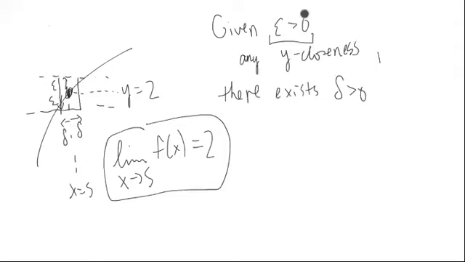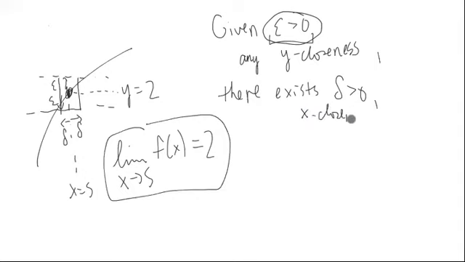Now, why am I saying greater than 0? That's only because I'm talking about distance, and distance is going to be positive. So there exists some distance, and we're just using delta. It could be anything, but that's just the notation that we use to represent some distance going this way from that point. There exists delta greater than 0. So there exists an x closeness.